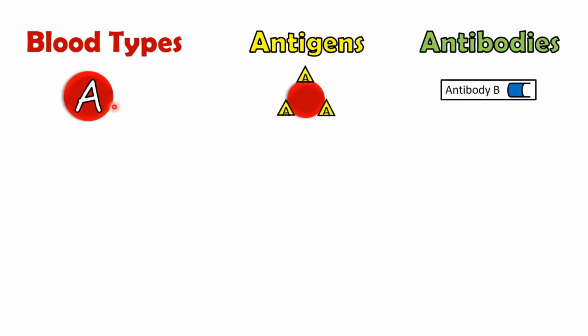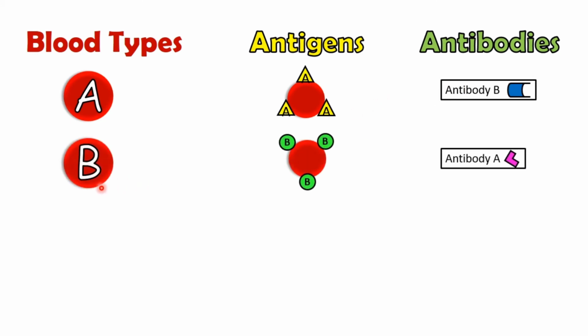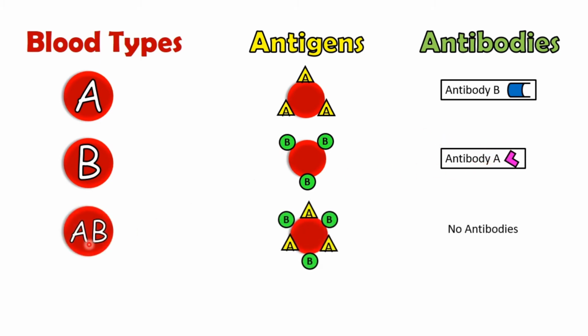Okay, so for blood type A, it will have the antigen A and the antibody B. Remember, antigens and antibodies are opposite. Next, blood type B will have the antigen B and the antibody A. For AB blood type, both antigens are present, which is antigen A and also antigen B. So the antibodies must be opposite to the antigens, which means there are no antibodies here.